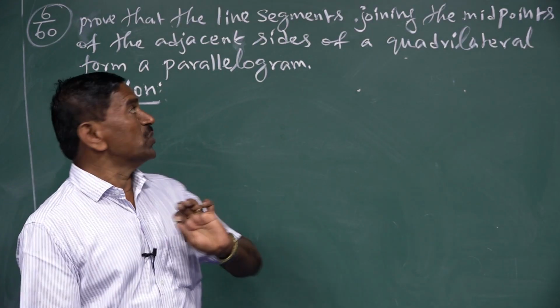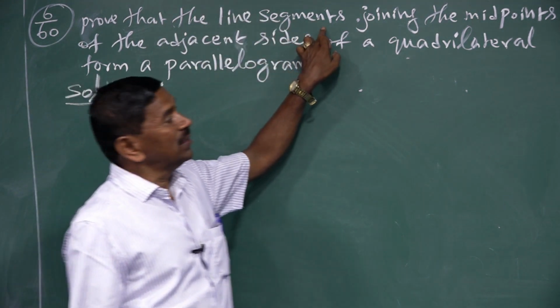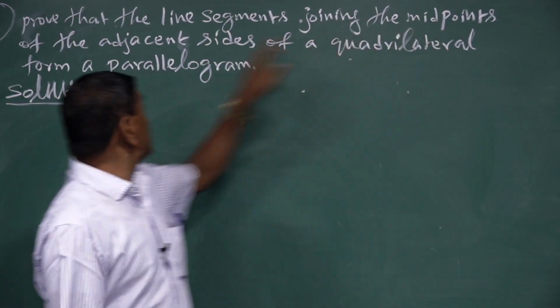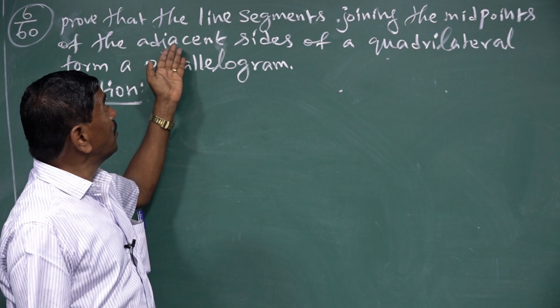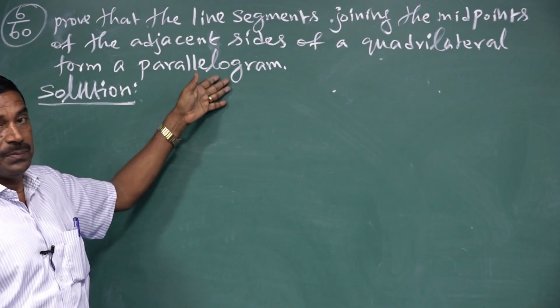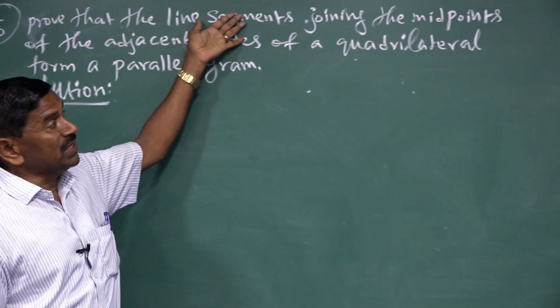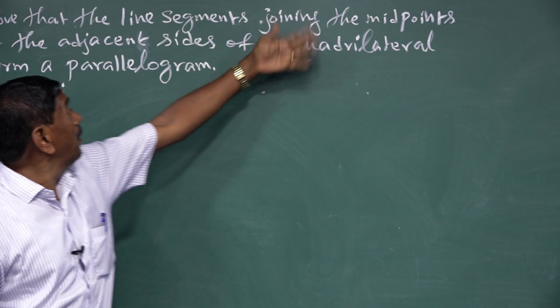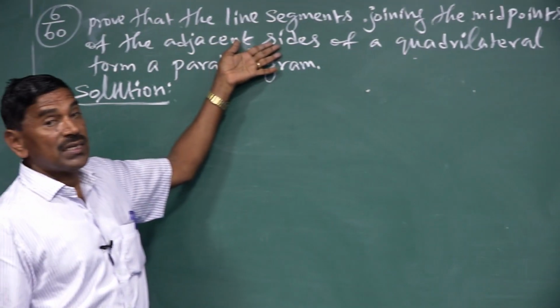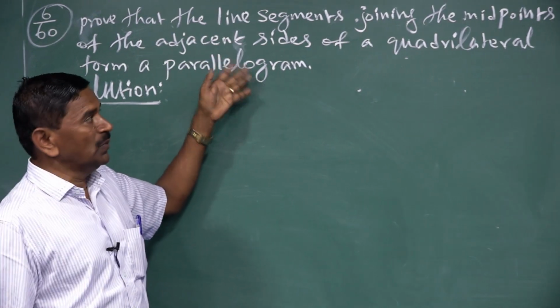Children, listen. Sixth question. Prove that the line segments joining the midpoints of the adjacent sides of a quadrilateral form a parallelogram. Okay.